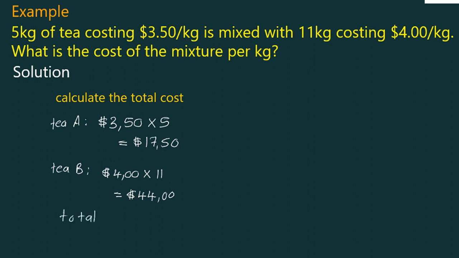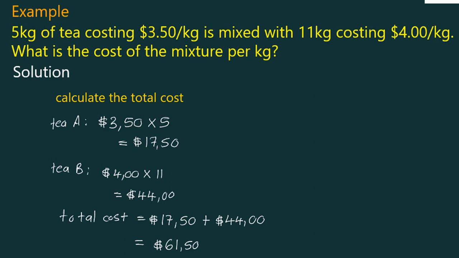So the total cost of both teas adding will be $17.50 plus $44, and if we add here, what we get is $61.50. So what we have right now is the total cost of both teas.